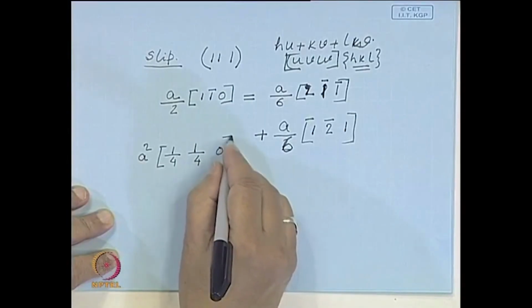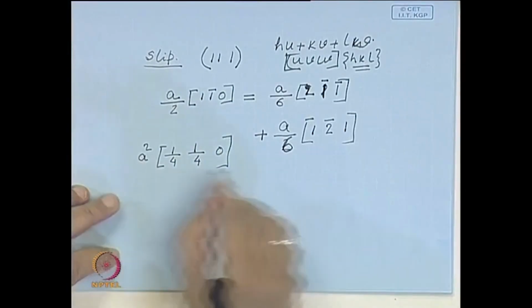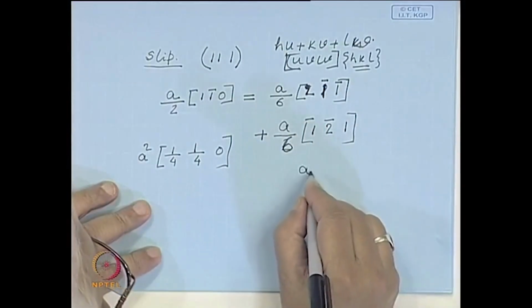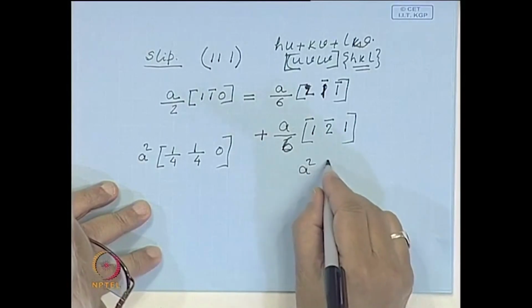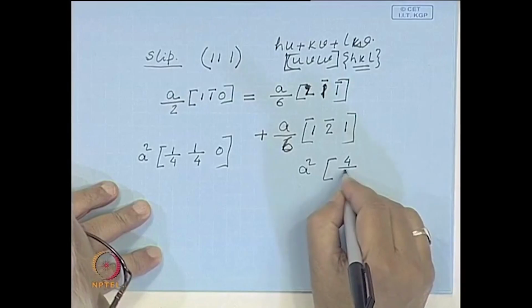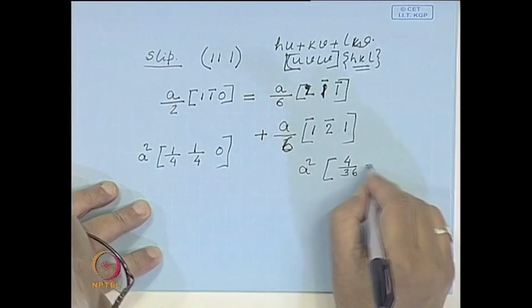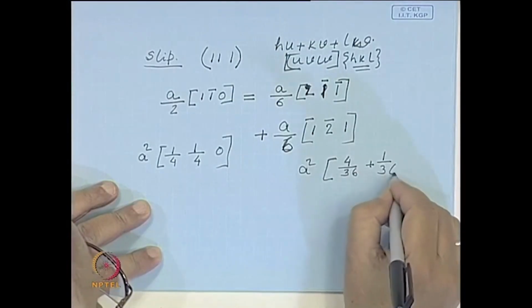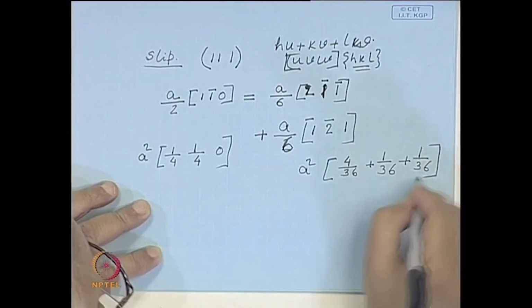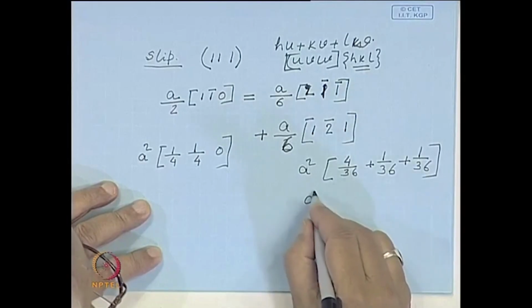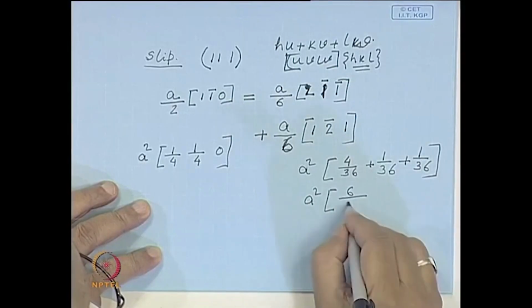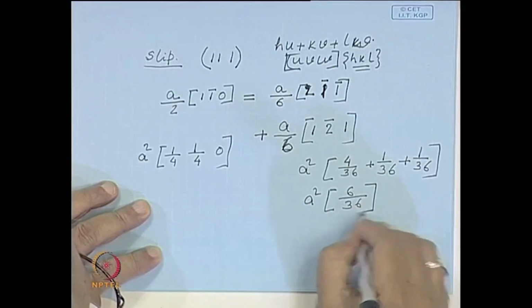So this is equal, and in this case it is a square, 4 by 36, 1 by 36, 1 by 36. So this comes to a square over 6 by 36.